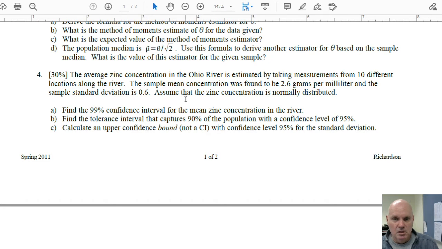So this is the normal population with unknown population standard deviation. I think this was in section 7.3 of the text, if I recall correctly. So this means that for the confidence interval, we're going to rely on the T critical values instead of the Z critical values.